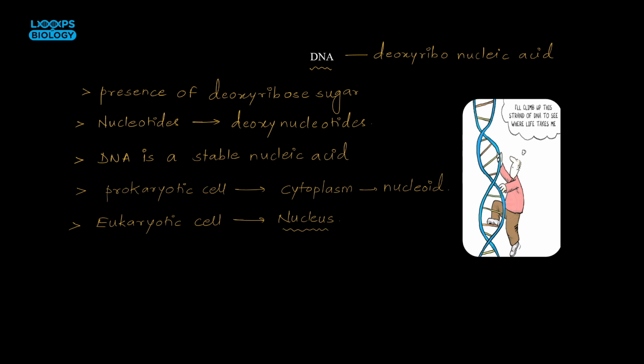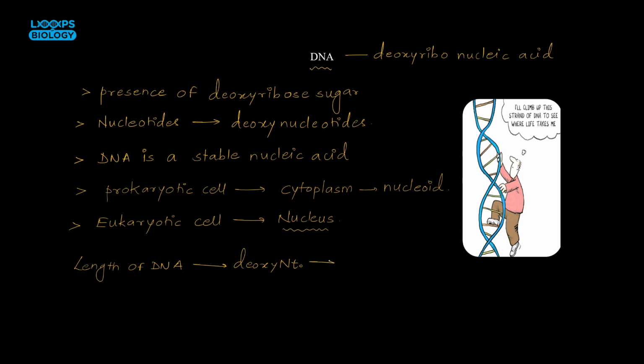So now in this particular image on the right hand side, it says, I will climb up this strand of DNA to see where life takes me. Now why is that so? This man is saying, whenever we are talking about the complete length of DNA, this DNA comprises deoxynucleotides.